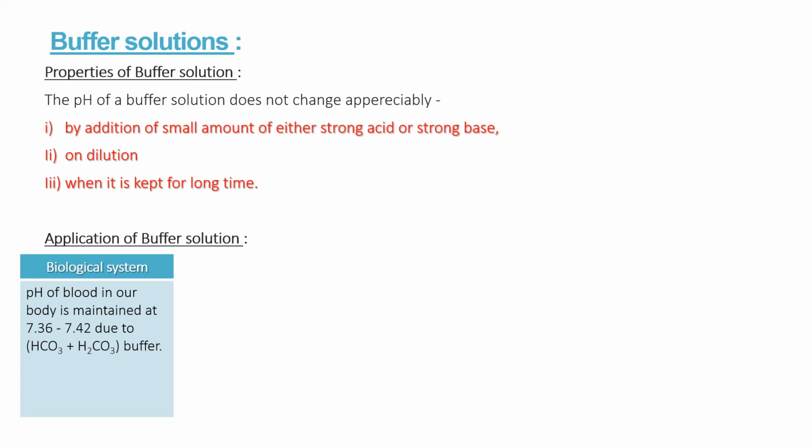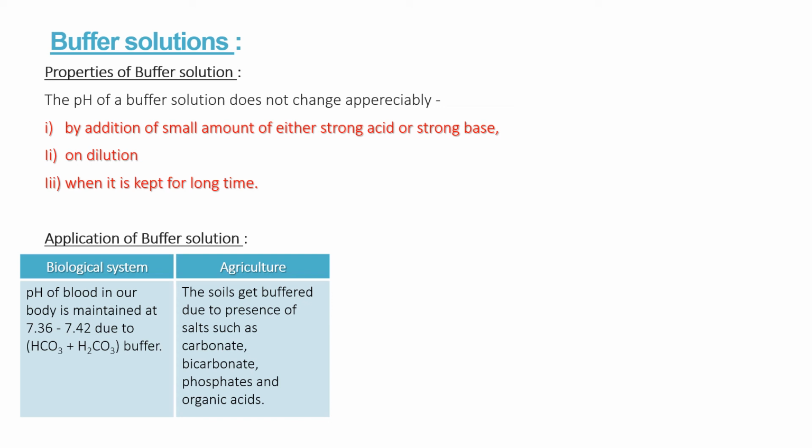In this case, if there is any change of more than 0.2 pH, it can even cause death. So the saline solution used for intravenous injection must contain a buffer system to maintain the proper pH of your blood. So this is very important. That is, in our body also there is a buffer solution that keeps the pH of the blood at a maintained level, between 7.36 and 7.42.